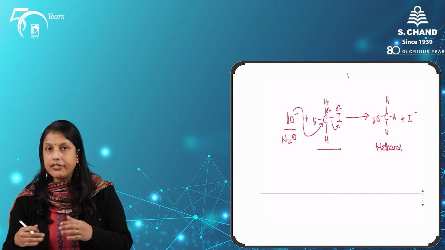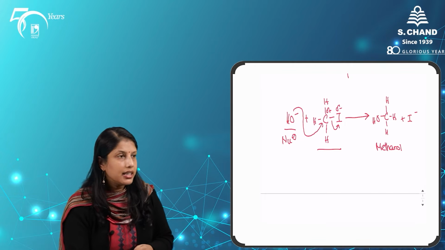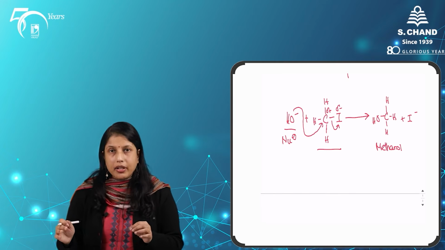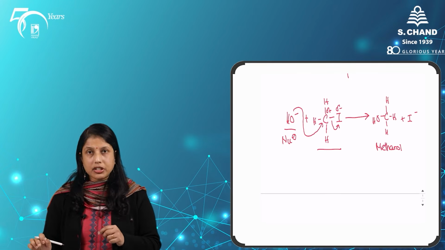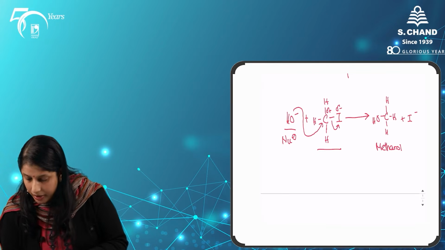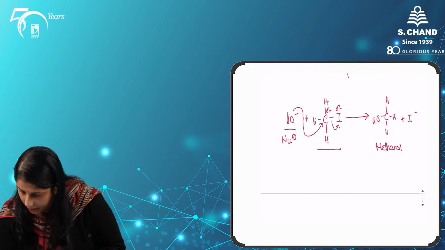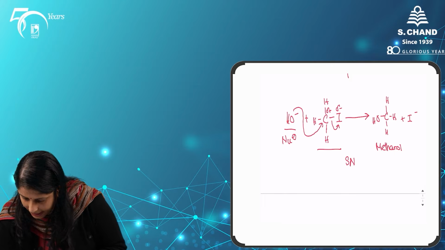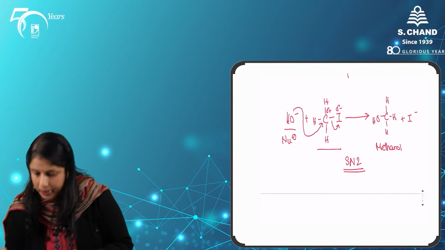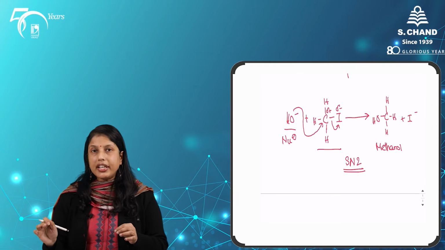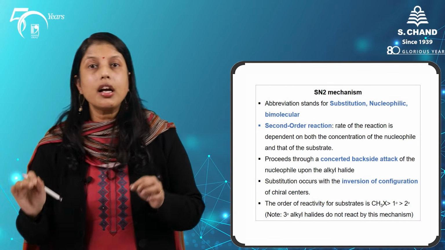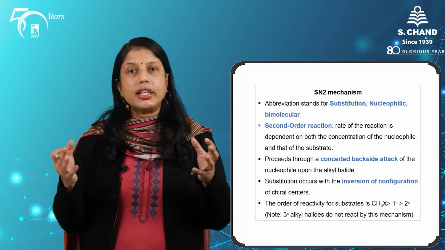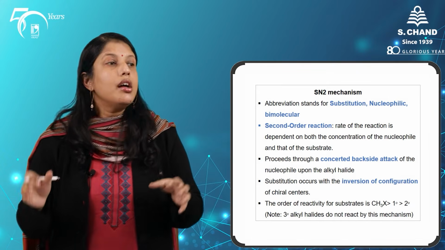Let's learn, or revise, or recap this a little further. This type of nucleophilic substitution reaction, which takes place in one step, is commonly known as an SN2 mechanism. The abbreviation stands for substitution nucleophilic bimolecular. What does this bimolecular mean?